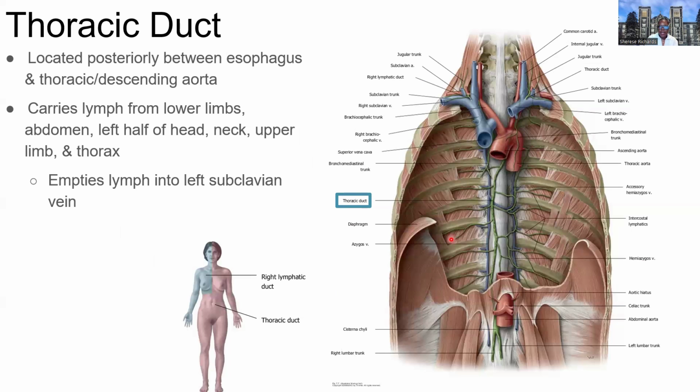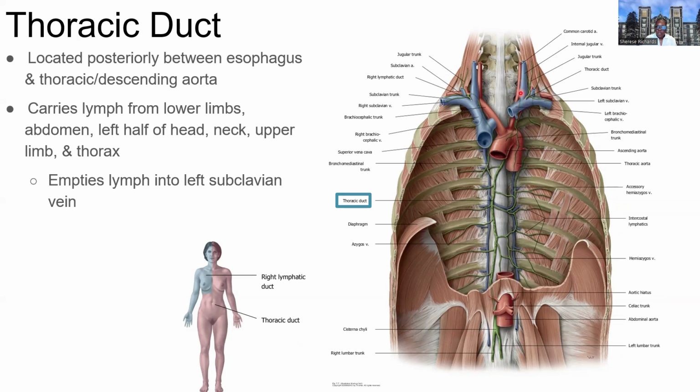It's going to drain the left side of the head, upper extremity, and the entire lower body, both limbs, the entire abdomen, pelvis, etc. So all of the drainage that ascends from the lower parts of the body is going to travel to the thoracic duct, which is ascending anterior to the vertebral bodies, and then it's going to dump into the venous system at the venous angle. So it's bringing all of that lymphatic drainage and helping it dump back into the venous system on the left.